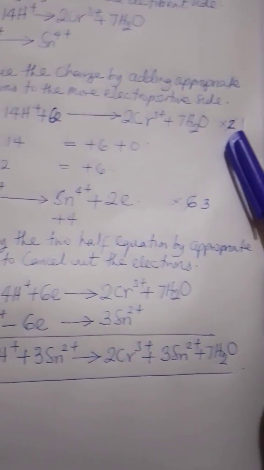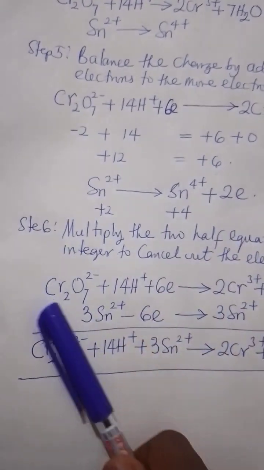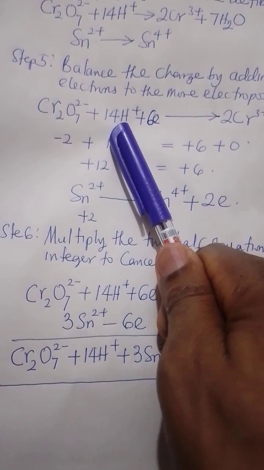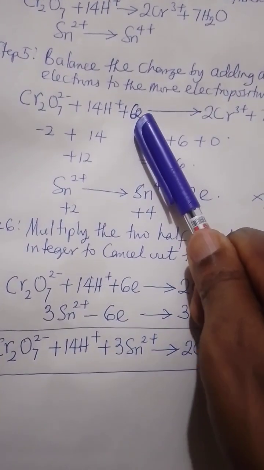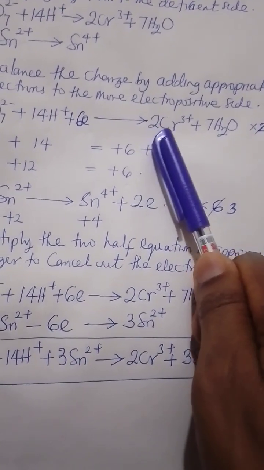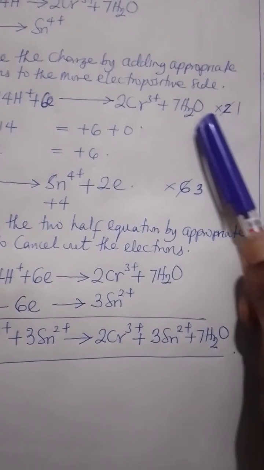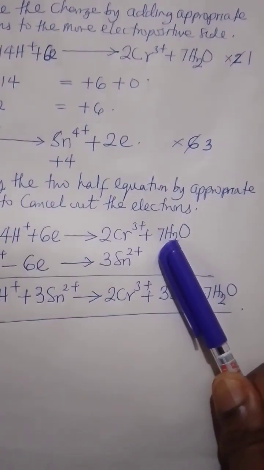Then we use that to multiply out. So if we use 1 to multiply the first equation, 1 times Cr2O7 2-, 1 times 14H+, 1 times 6 electrons gives 6 electrons, 1 times 2Cr3+ gives 2Cr3+, and 1 times 7H2O gives 7H2O.